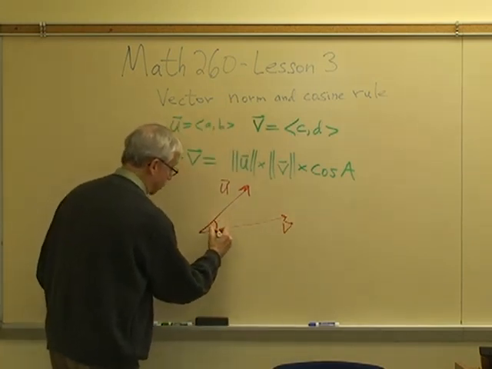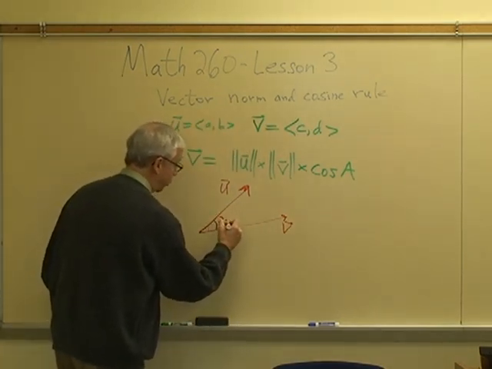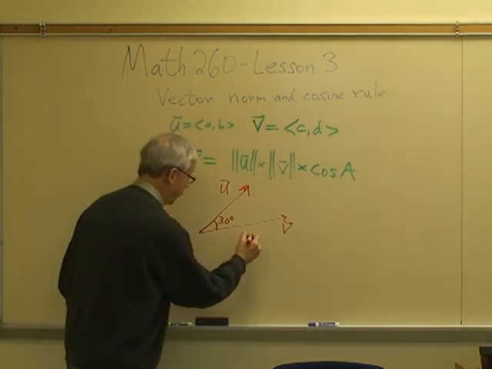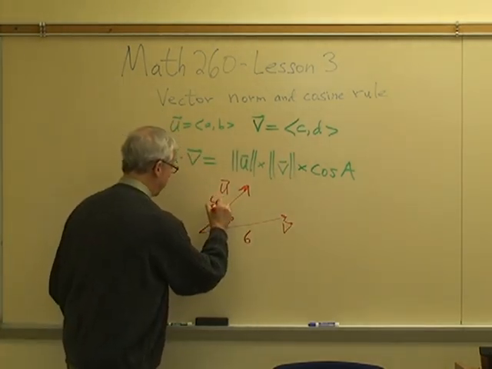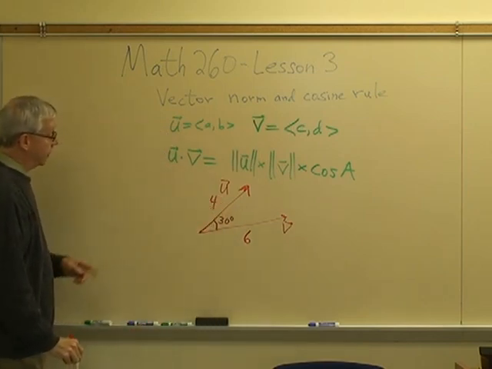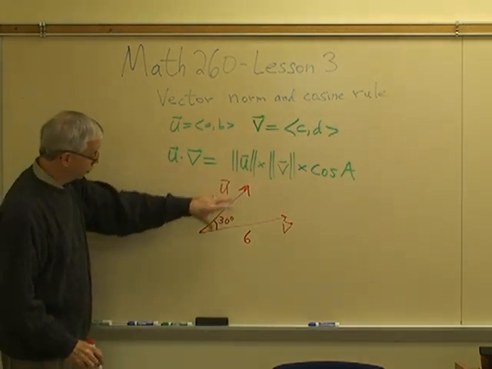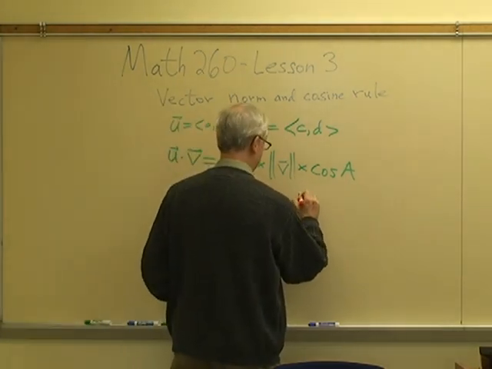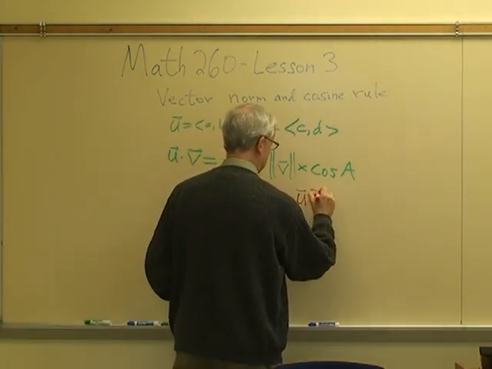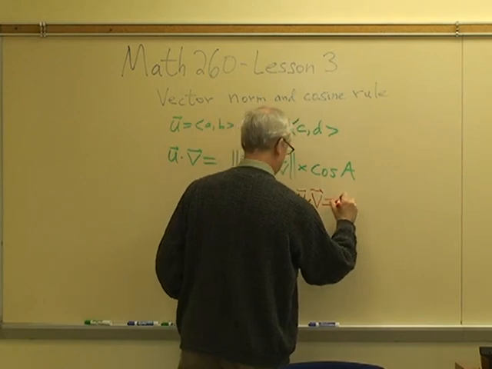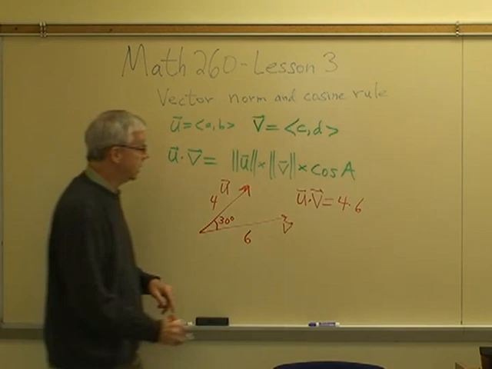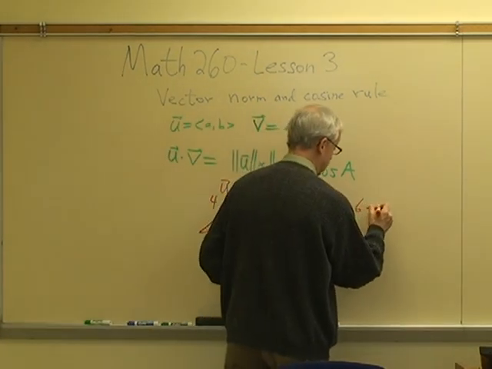And suppose this angle is 30 degrees by way of example, and this length is 6, and this length is 4. Then the dot product of these two vectors, even though I don't know their components, is four times 6, the product of the lengths, times the cosine of 30 degrees.